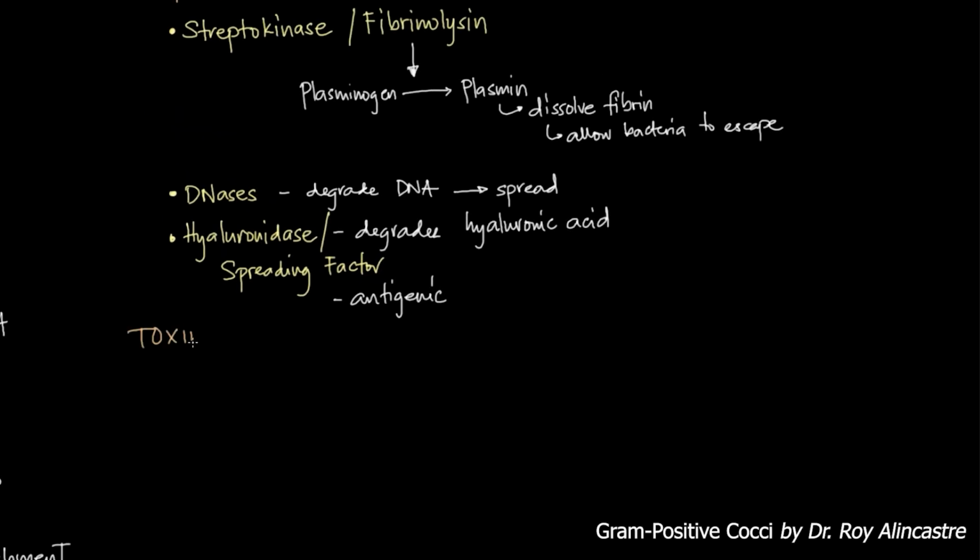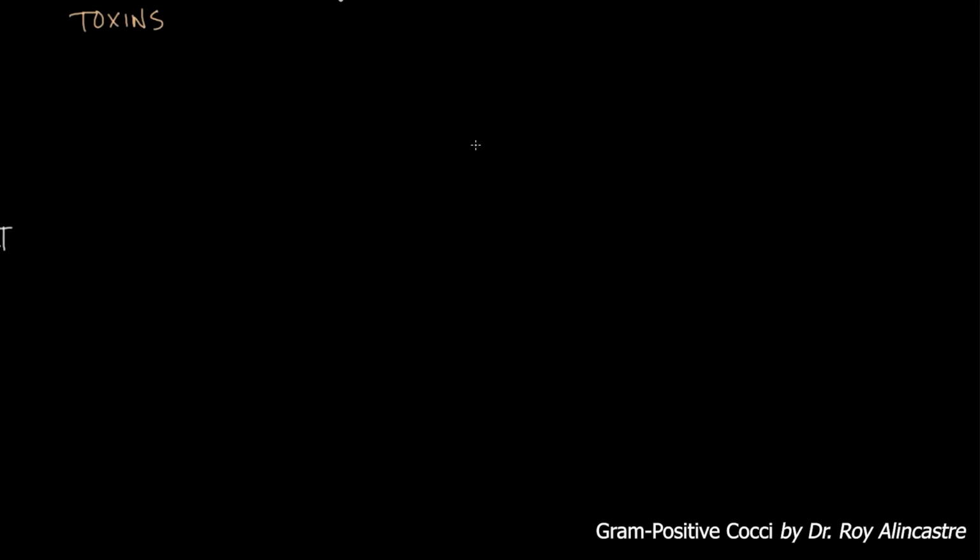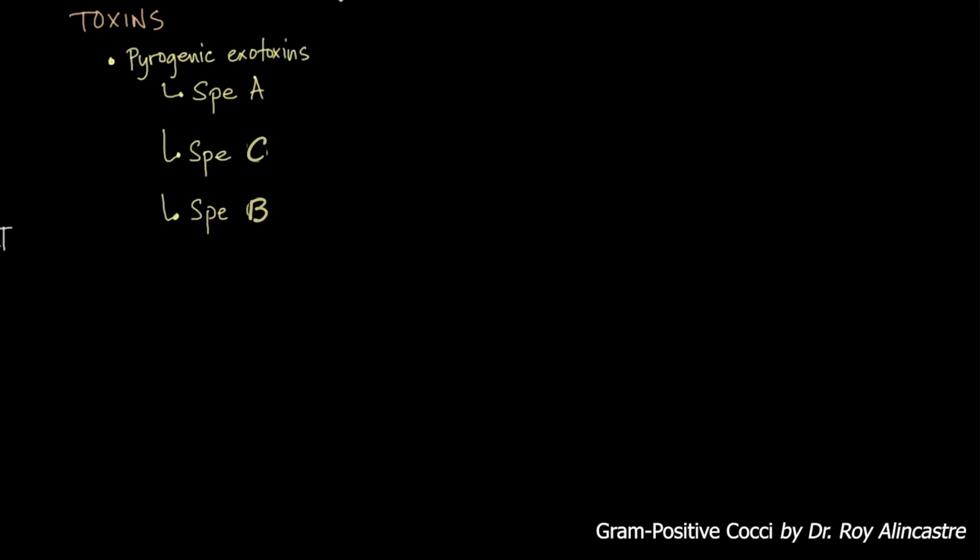In addition to these enzymes, group A strep also produce toxins and hemolysins, which are very important contributors to their virulence. Okay, so you have the pyrogenic exotoxins, there are actually three antigenically distinct streptococcal pyrogenic exotoxins, no, or SPE. You have SPEA, SPEB, and SPEC.